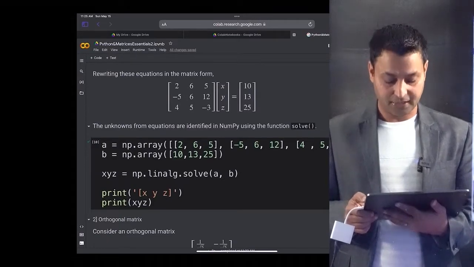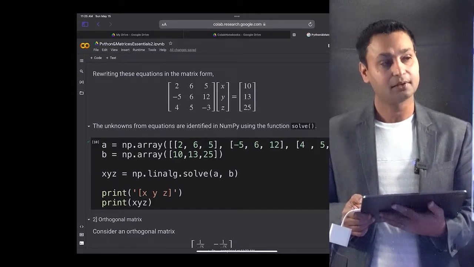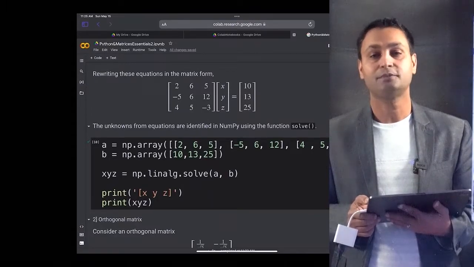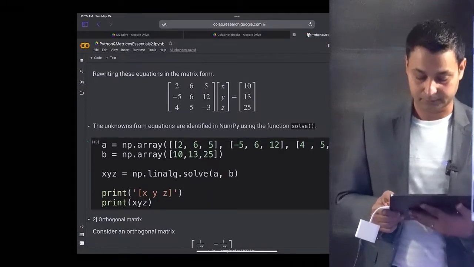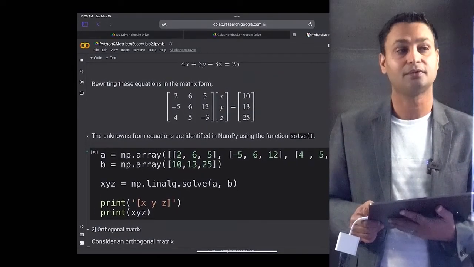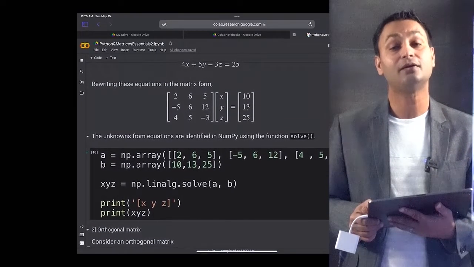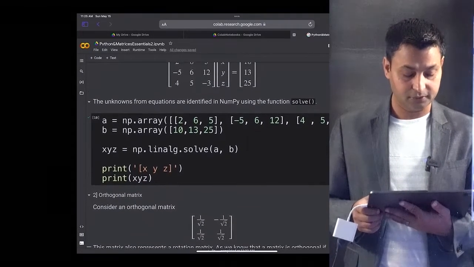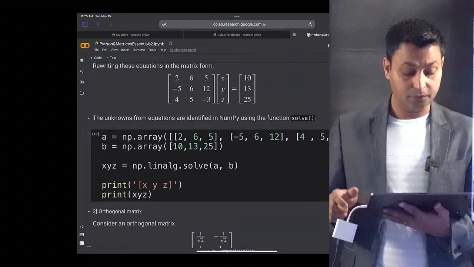In NumPy, we have a function called solve(), and we will call that function. It helps us solve this problem, finding the values of the three unknown variables. To implement this, first we need to represent the matrix.